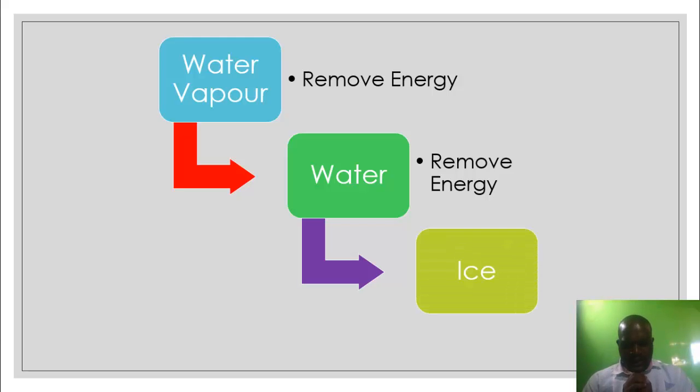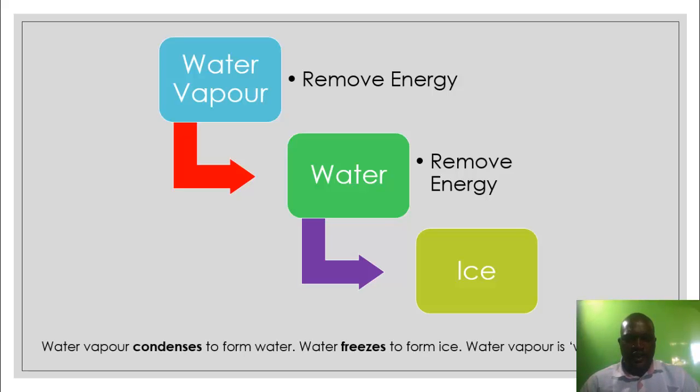So this is the reverse order. We started with ice previously, and now we are ending with ice again. So this is what we call a reversible process. Okay, so water vapor condenses to form water, and water freezes to form ice. Water vapor is water gas.